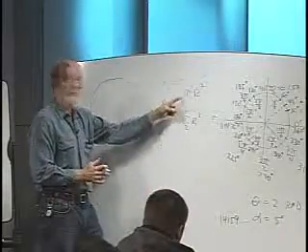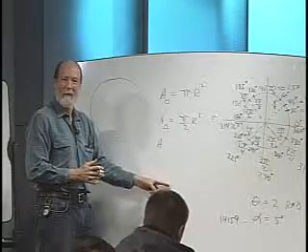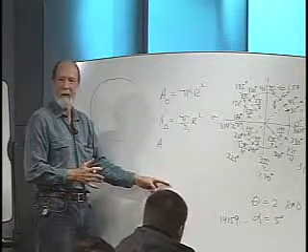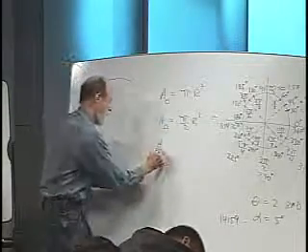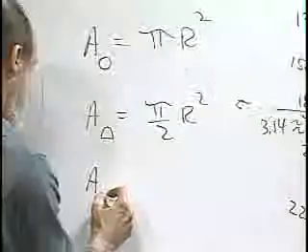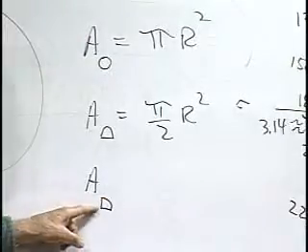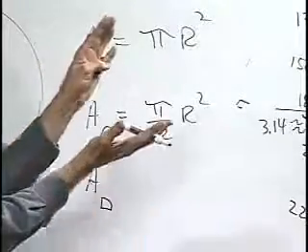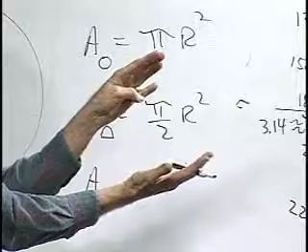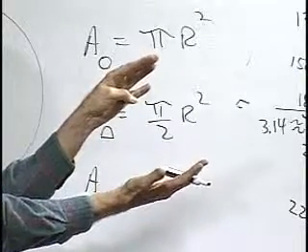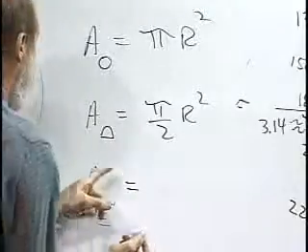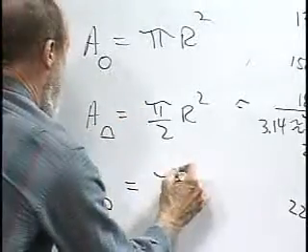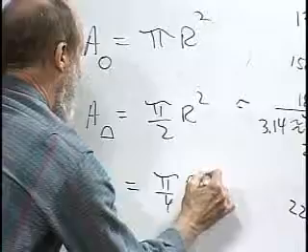I'm trying to look for a pattern here. So that if I talk about something other than a nice half a circle or a quarter of a circle, right? If I'm talking about just some slice of cake or something, I'll be able to tell what the area is, and I'm looking for a pattern here. So if I took half of this, I'd have pi over 4 r squared.